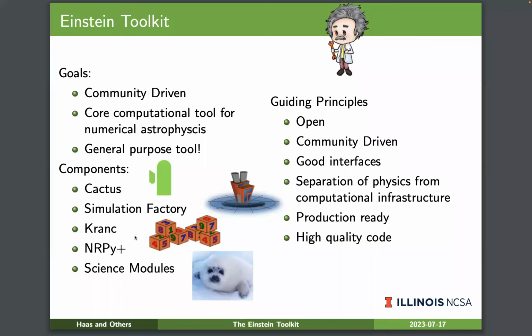Then there's code generation frameworks in there, Crank and NRPy+, that are used to translate these complicated equations, be that general relativity or maybe hydrodynamics equations, into executable code that then can be fed to the compiler and compiled. And those help a lot, in particular, if you want to explore different things rather than just what's already in the toolkit.